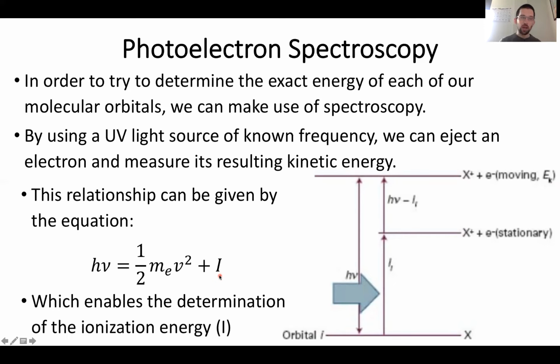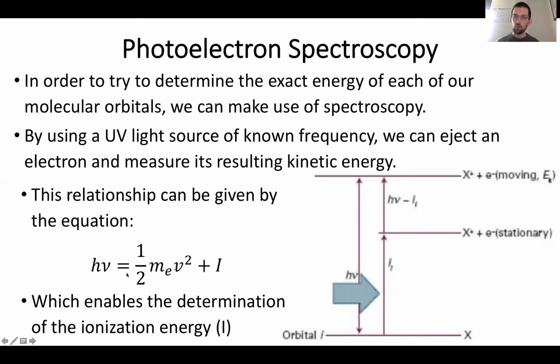And so the ionization energy is going to be a great place to start for analyzing a molecule. Now, one of the things I want to make note of is that this particular equation has a nu for h nu, so this is the energy of the photon. This is a v for velocity, because apparently we don't have enough variables in physical chemistry.